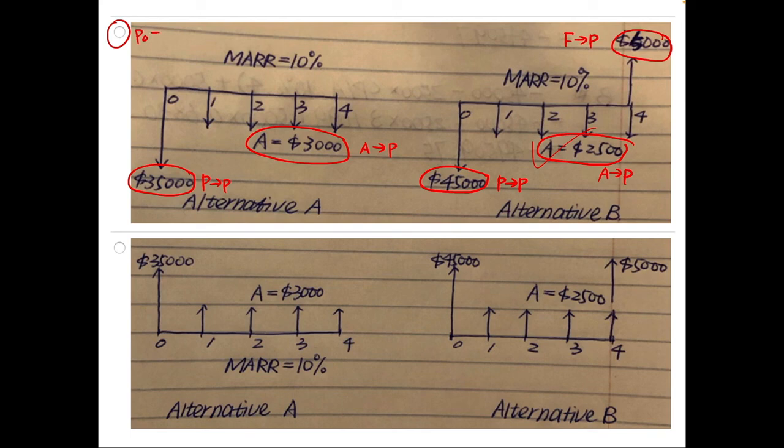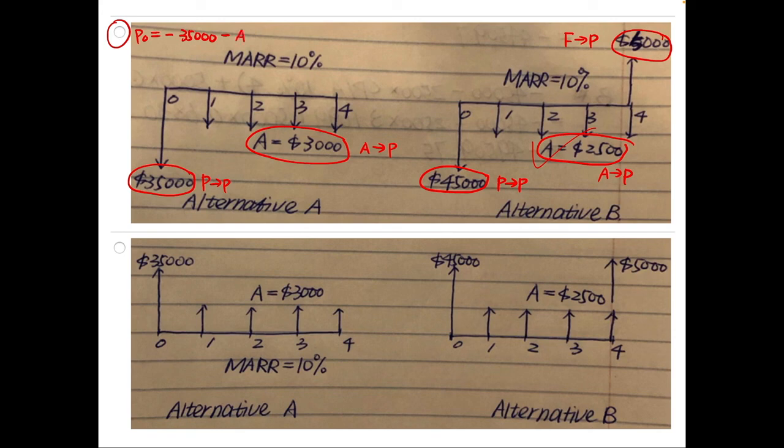So if you write down the P0, for alternative A, you're gonna have negative 35,000 at the beginning, and then you're gonna have negative annuities converted to the present value.